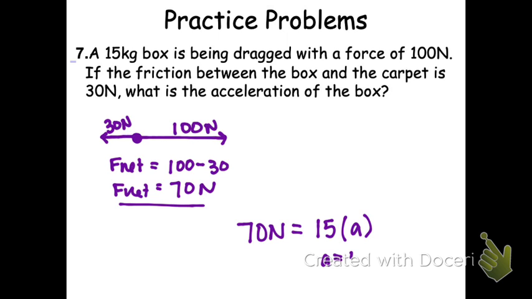And that means I get an acceleration of 4.67 meters per second squared. Okay, that feel okay? So some of these problems might take you 2 steps, right? If you have to find the net force first, then you go through and solve for acceleration. That means you've got to do it in 2 different steps.